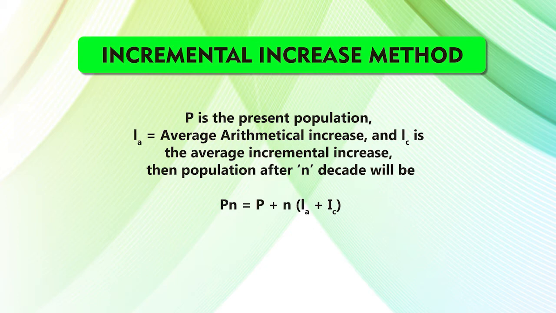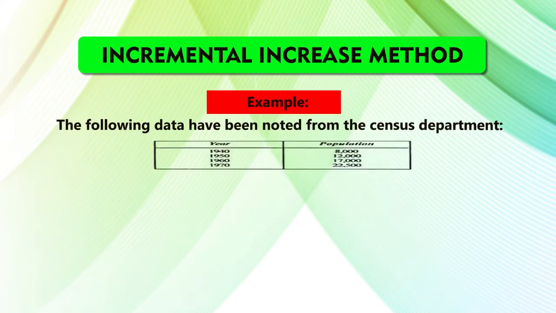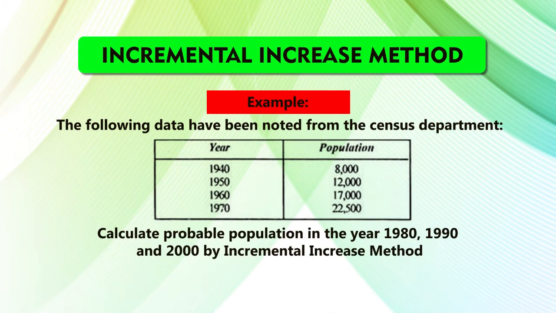Then the population after n decades will be Pn is equal to P plus n into (IA plus IC). So here is the problem. This is the same example we have previously discussed, and the solution by this incremental increase method.